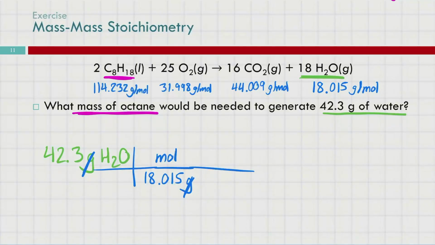It is at this point that we can use our stoichiometry. So we'll produce 18 moles of H2O for every 2 octane that we put in or burn. So our H2O and moles cancel, and I forgot to put in another moles.